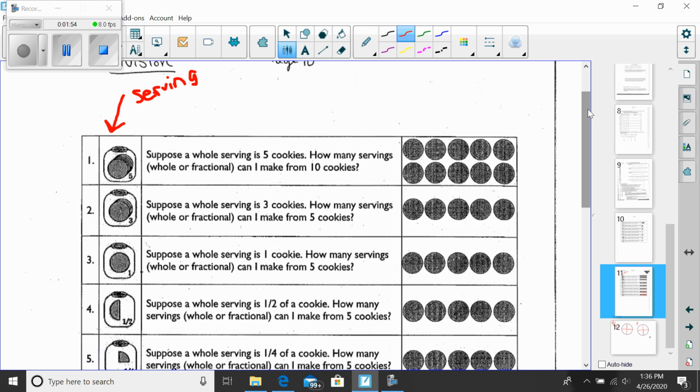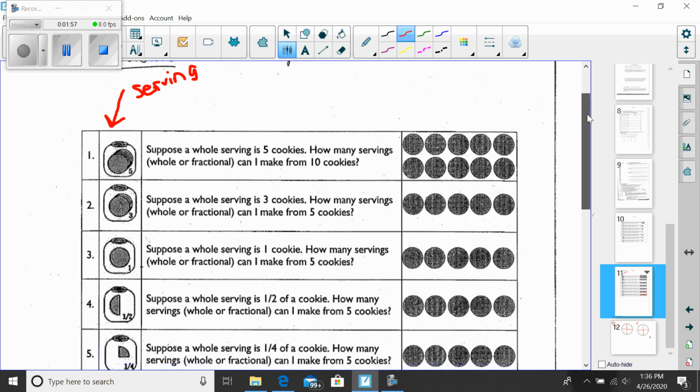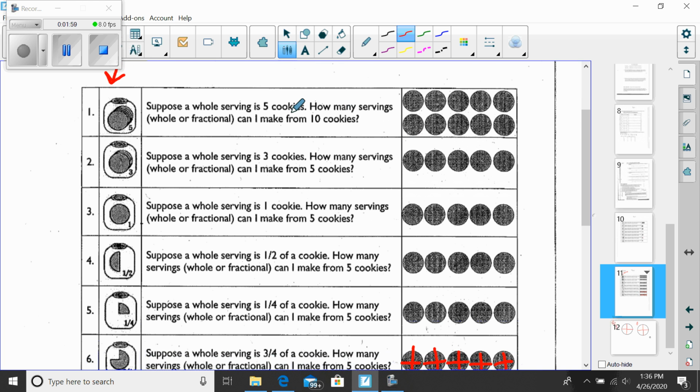Okay, so if we start with 10 cookies, and each whole cookie is a serving size, how many servings can I make from 10 cookies? As I said, every time we do a problem, we're going to write the number sentence that goes with it. So we start very easy because we're going to build from simple into more abstract.